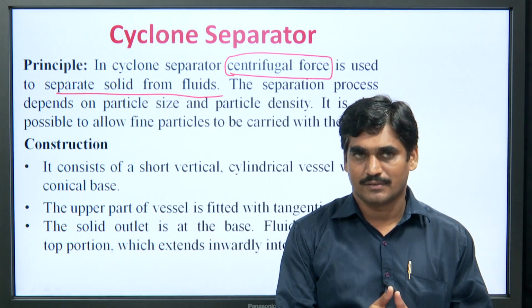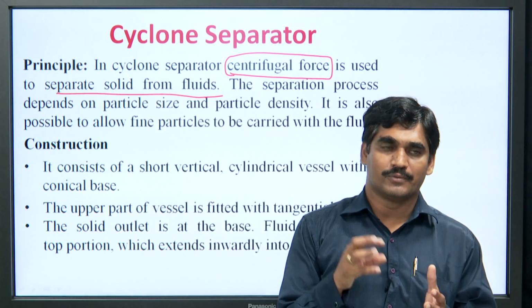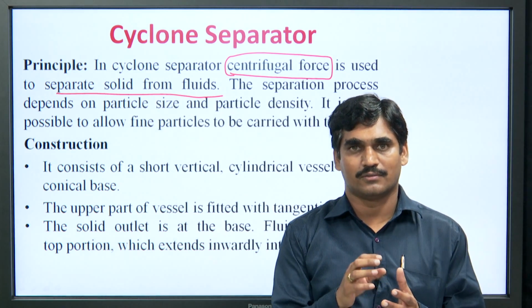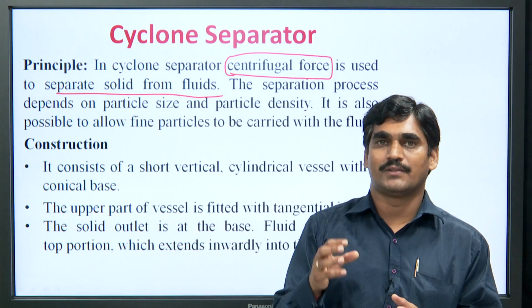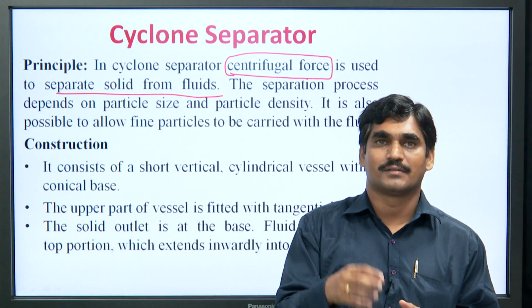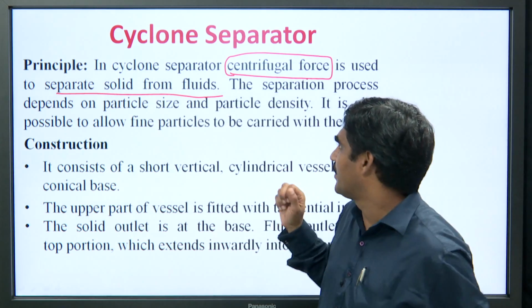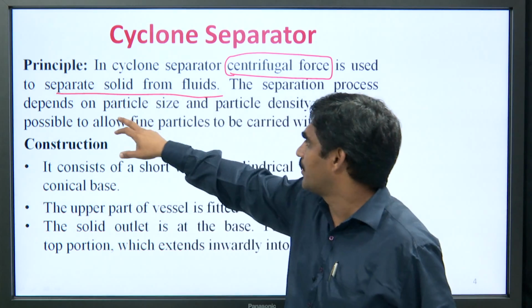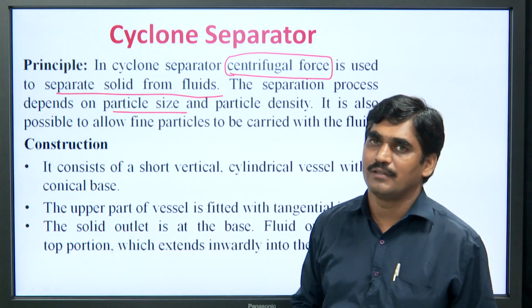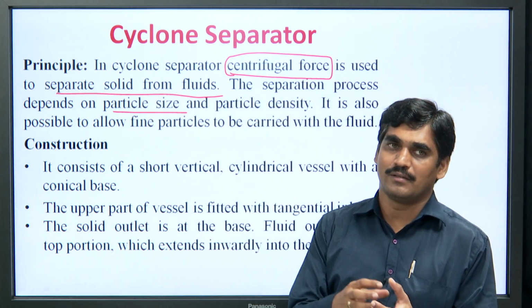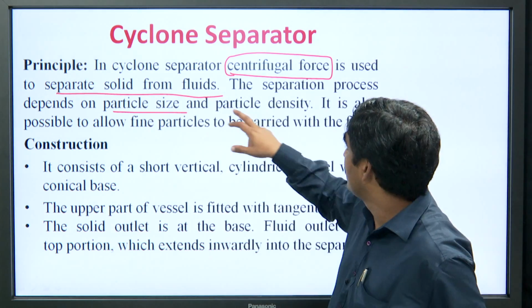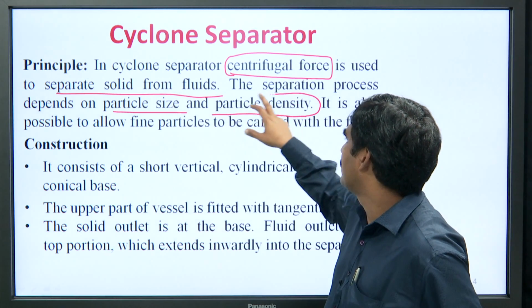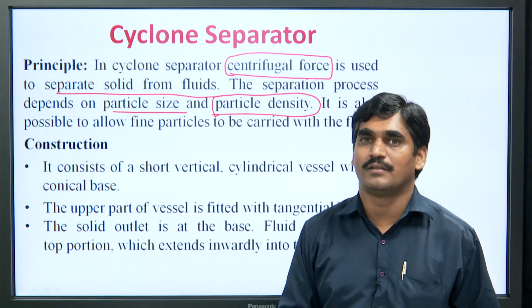Two things we are using here: one is fluids, and along with that fluids, solid particles get separated. The separation process in this case generally depends on the size of the particle, whether it is finer sized particles or coarser sized particles, and particle density also plays an important role.